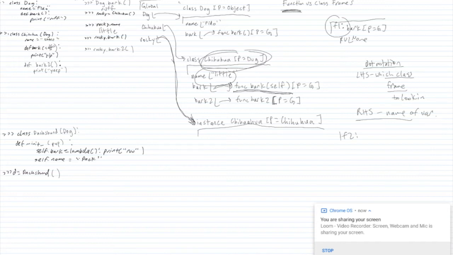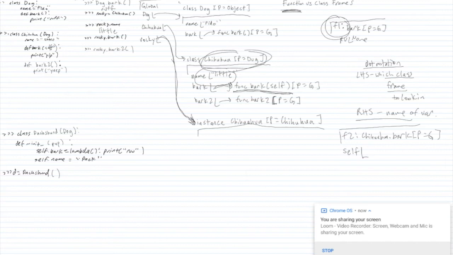So F2, again going by function frames, we have, to make things clear, Chihuahua.bark. Parent is global, where it was defined. And a new step, I almost forgot again, is that bark takes in one argument because it's an instance method. It's called self in this case.